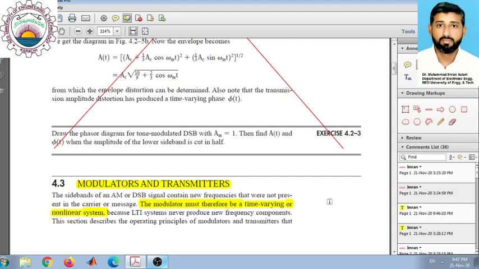Amplitude gets changed and phase gets changed. Whenever a signal passes through a linear system, amplitude and phase get changed, but frequency does not change. It's a basic property of any linear system. We will always get the same frequency at the output with different amplitude and different phase.